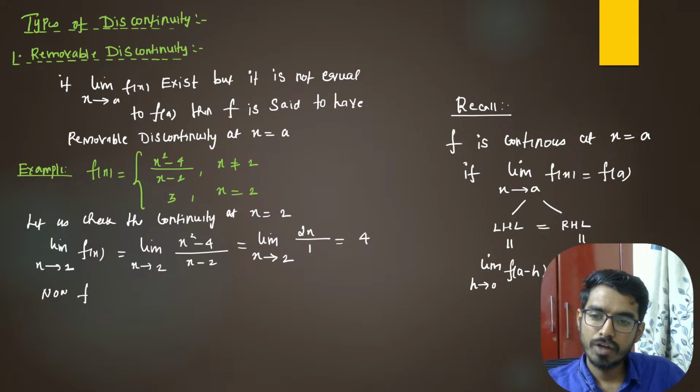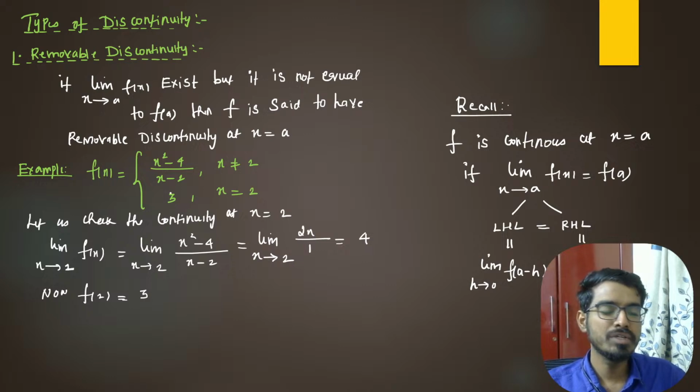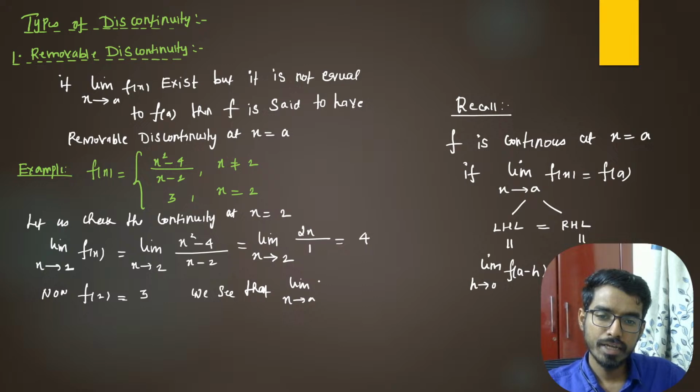Now, what is the function value at 2? They have given the function value at 2 as 3. I'm just redefining, let us assume the question is like this. Now you see that the limit exists, but it is not equal to the function value, because the limit is 4 and the function value is 3.